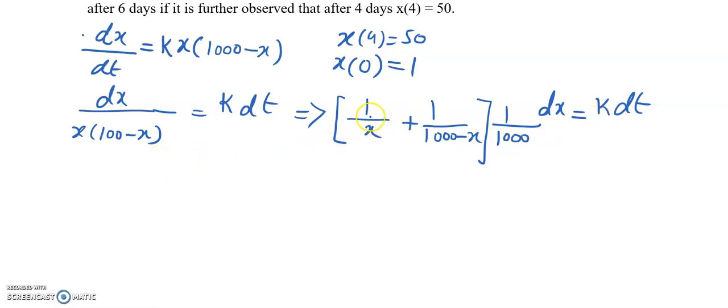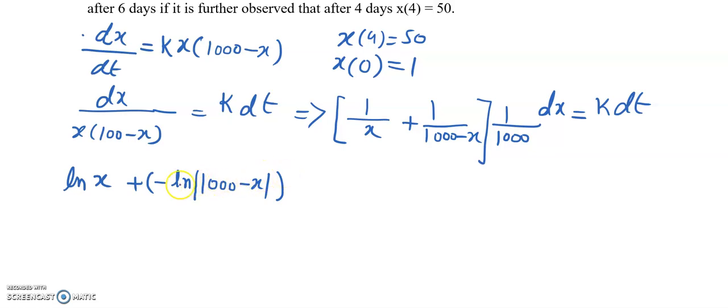The integration of 1 over x will be log of x, and the integration of 1 over 1000 minus x will be minus log of 1000 minus x, because the minus sign comes from the chain rule.